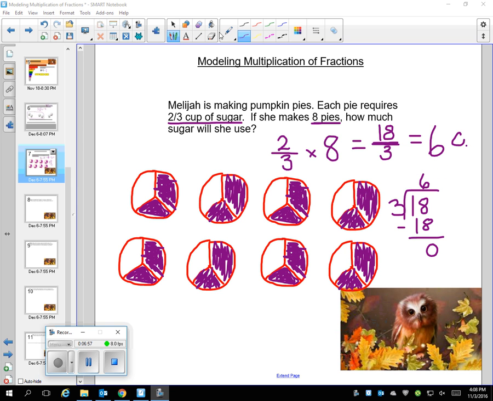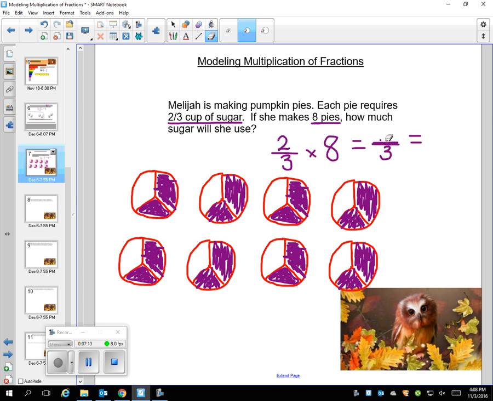Okay, I just realized that I made a mistake. There's actually 2, 4, 6, 8, 10, 12, 14, 16. Oh, isn't it nice that even your teacher makes mistakes? Okay, so I'm going to erase all this, just like you're going to have to do if I messed you up. And I got 16/3, not 18/3.